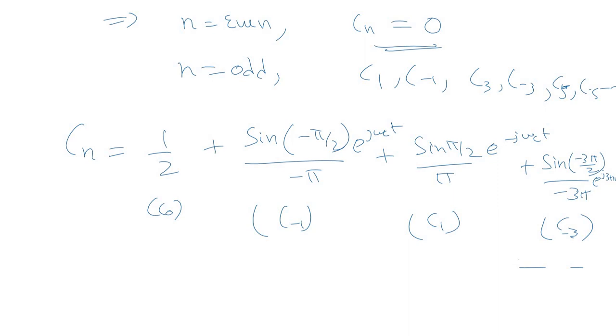Now sine of minus pi by 2 is equivalent to minus 1, sine pi by 2 is equal to 1, sine minus 3 pi by 2 is again equal to plus 1, and 3 pi by 2, that would be the c3 coefficient, will lead to minus 1.